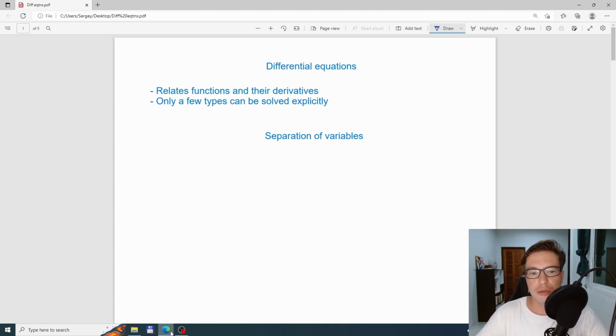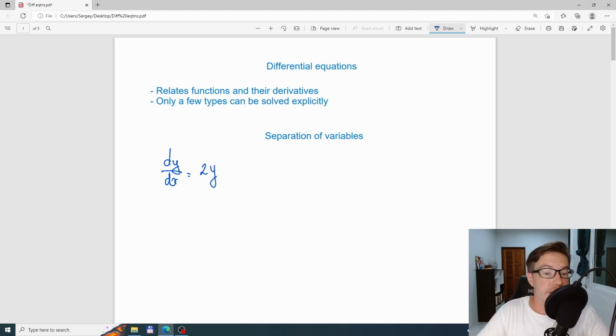First of all, you will have to collect all x on one side and everything with y on the other side. For example, let's have a look at this one. Let's say dy over dx equals 2y.